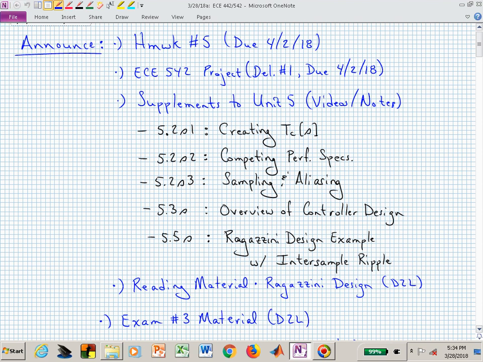You probably won't want to design with Ragazzini, but at least we start talking about not canceling unstable poles and zeros, a desired closed loop transfer function, how do we sample. Those kinds of concepts are important, and that's what Ragazzini actually helps focus our attention on.